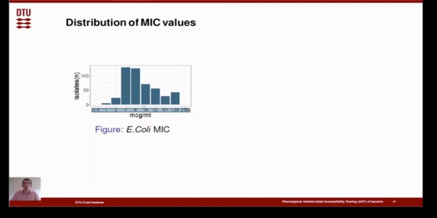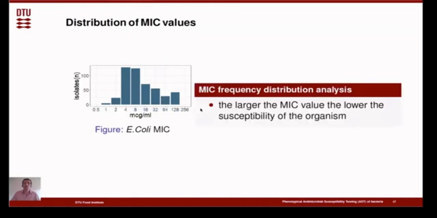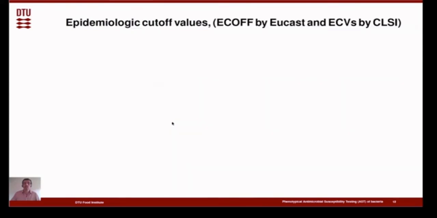So what we see is that going to the right, so more amount of antimicrobial, the less likelihood that we will have a susceptible isolate. And so the larger the MIC value, the lower the susceptibility of the organism. These distributions are quite important.